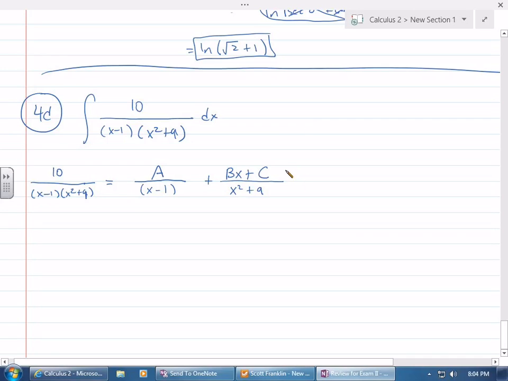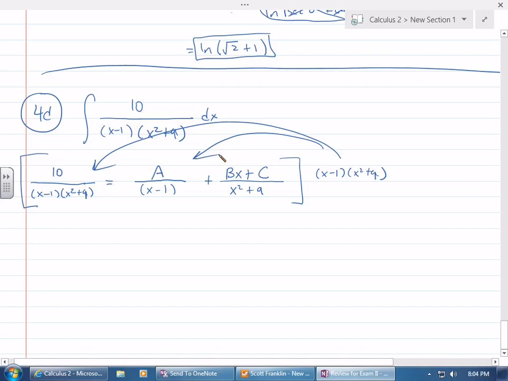Now, what I do is I get rid of the fractions entirely, multiply it completely through by x minus 1, x squared plus 9. Multiply both sides of the equation by the common denominator.